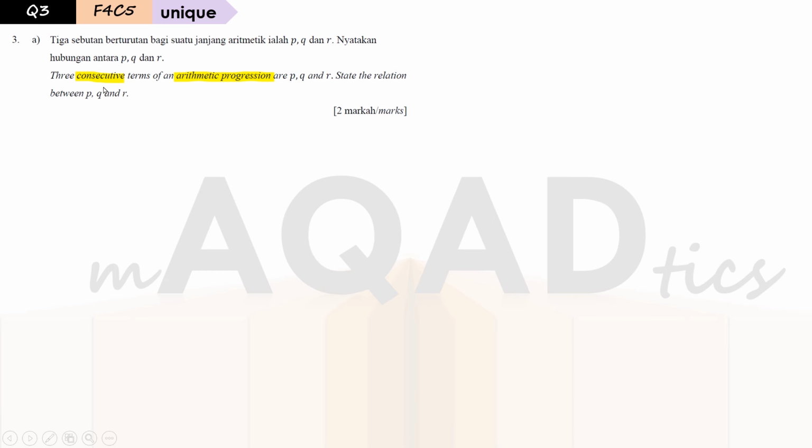Consecutive here means back to back, so those terms would be P, Q, and R. We need to find the relation between P, Q, and R, which means from this arithmetic progression, we need to form an equation based on P, Q, and R.